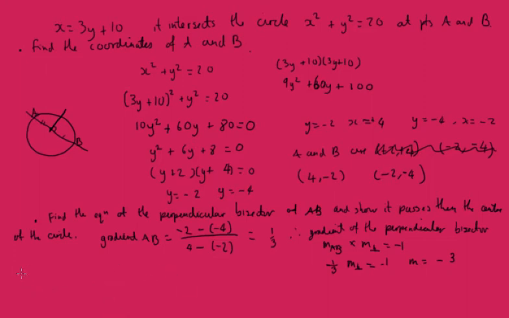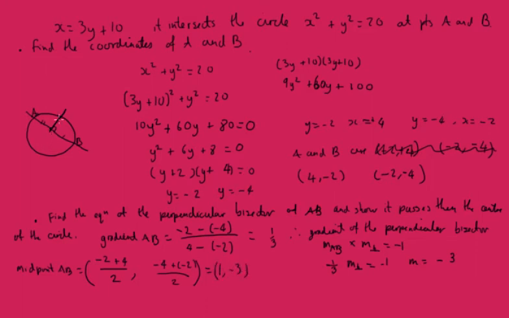So now we need the midpoint of AB. For the x coordinates we're going to have -2 plus 4 over 2, and we're going to have -4 plus -2 over 2, and that will give us 1, -3.